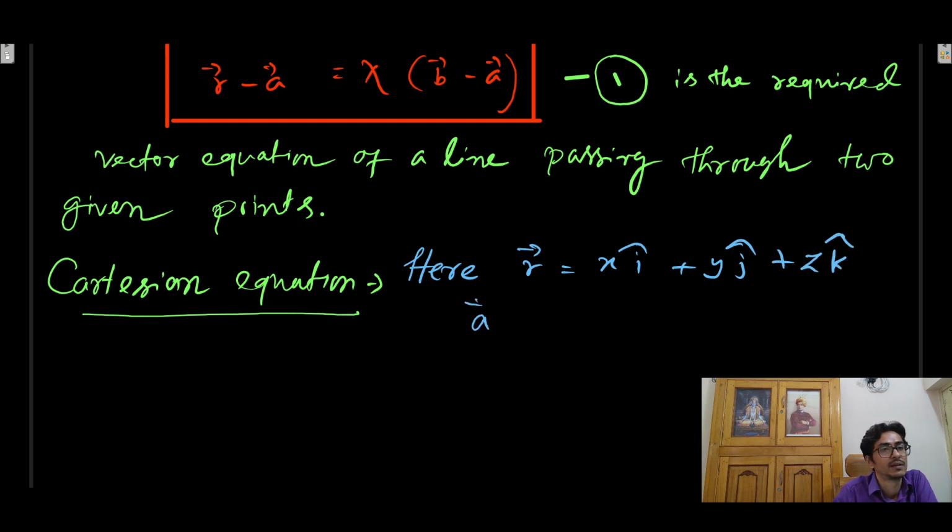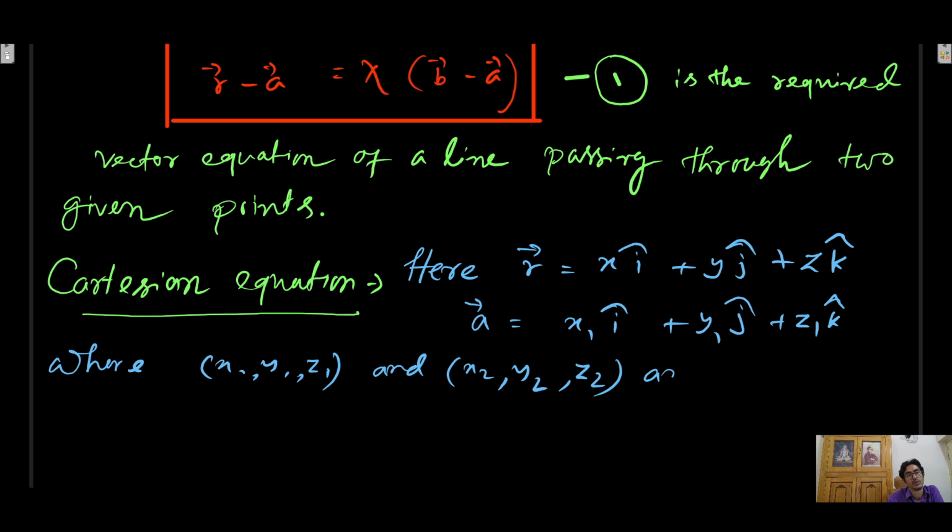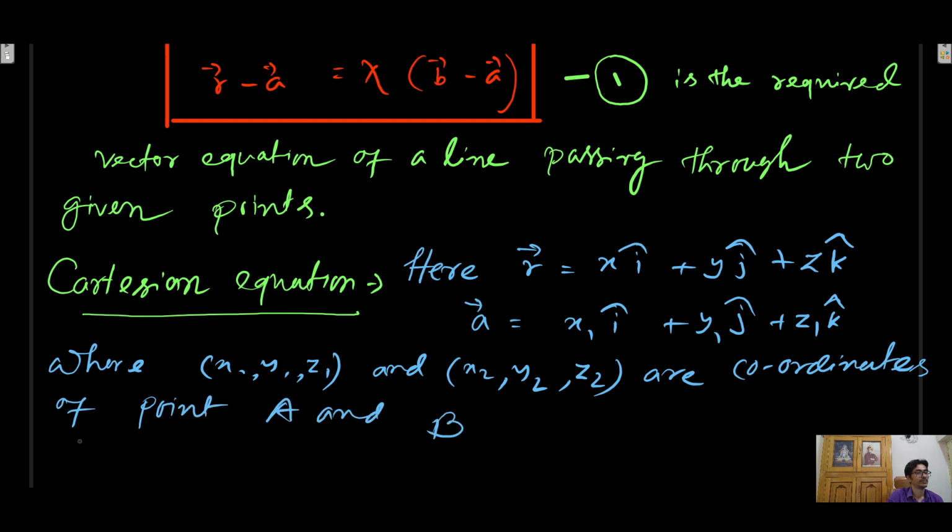A vector equals x1 i cap plus y1 j cap plus z1 k cap, where x1, y1, z1 and x2, y2, z2 are coordinates of points A and B. Therefore, B vector equals x2 i cap plus y2 j cap plus z2 k cap.